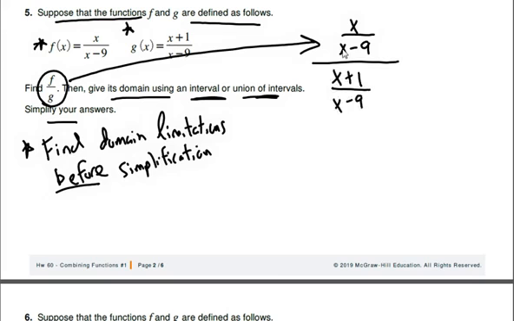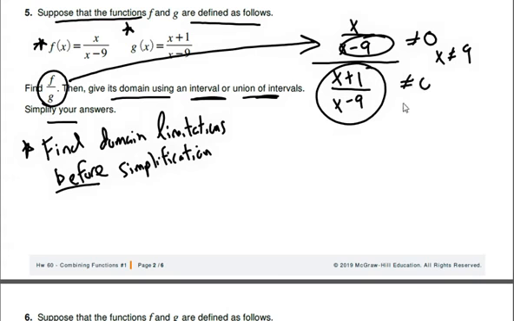So f is x divided by x minus 9. g is x plus 1 over x minus 9. So first off, we can say that x minus 9 cannot equal 0, so therefore x cannot equal 9. That's out. Then this whole denominator, notice because we have a large fraction here, this term right here, x plus 1 over x minus 9, cannot equal 0.